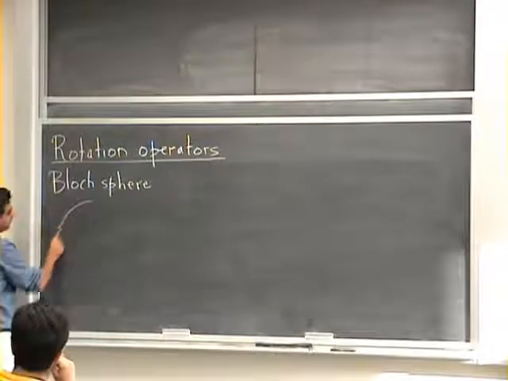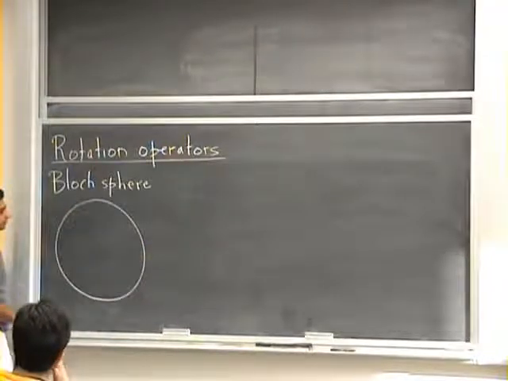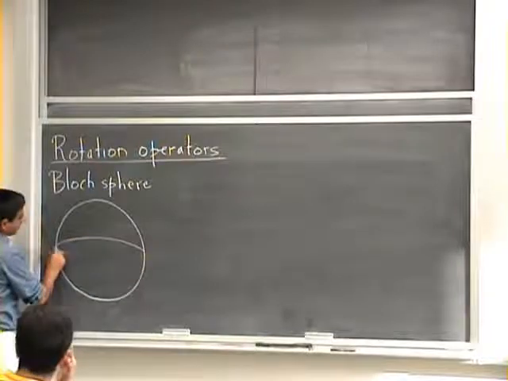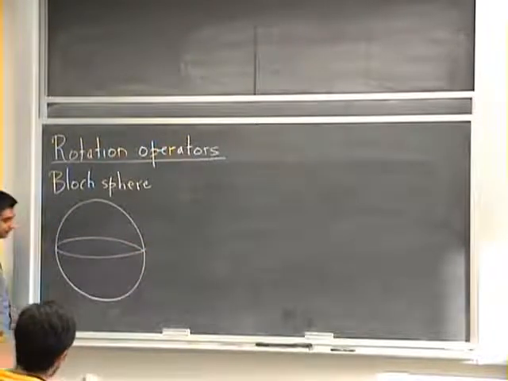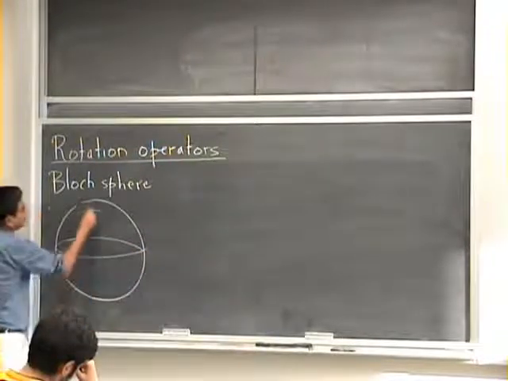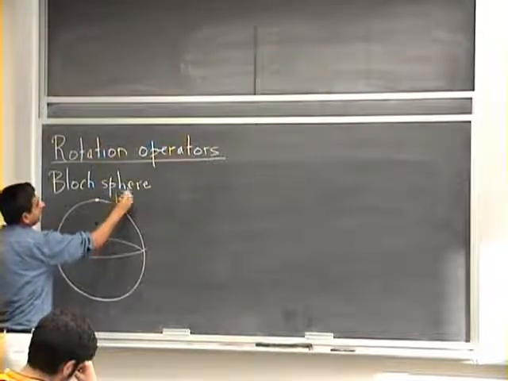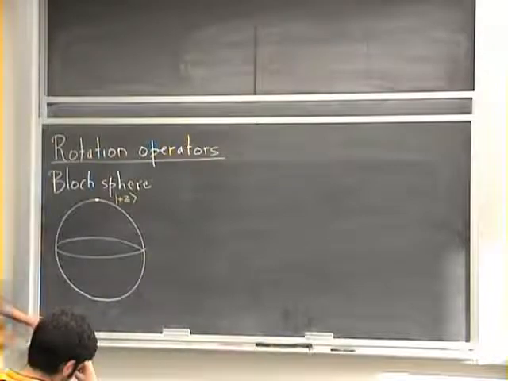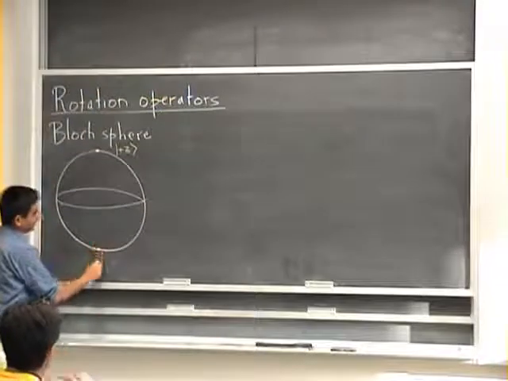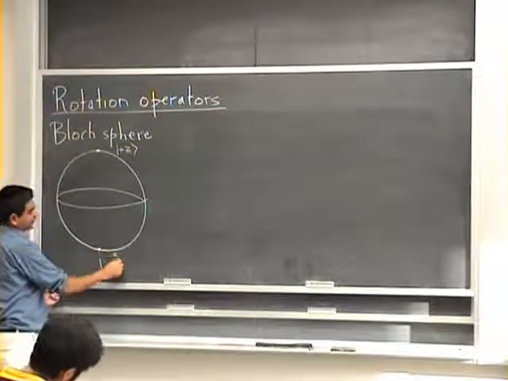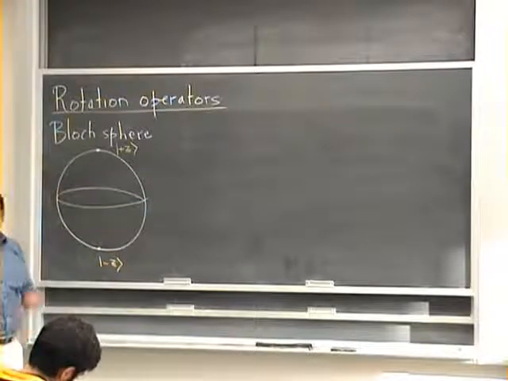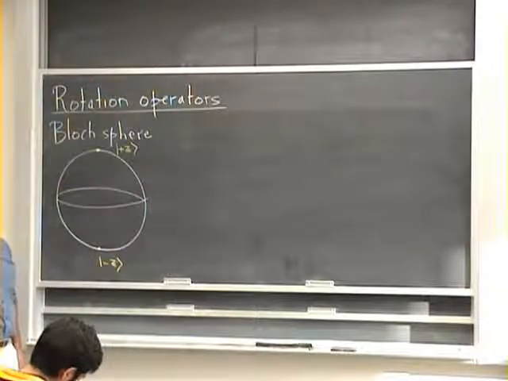And the Bloch sphere goes as follows. We draw a sphere of unit radius. On the north pole lives the plus z quantum state. On the south pole lives the minus z quantum state. And these states are eigenstates of the Sz operator.